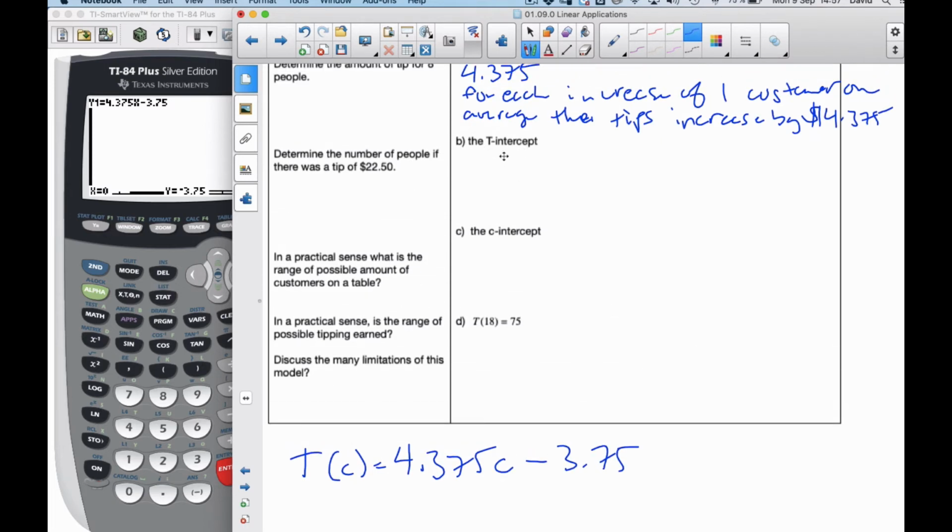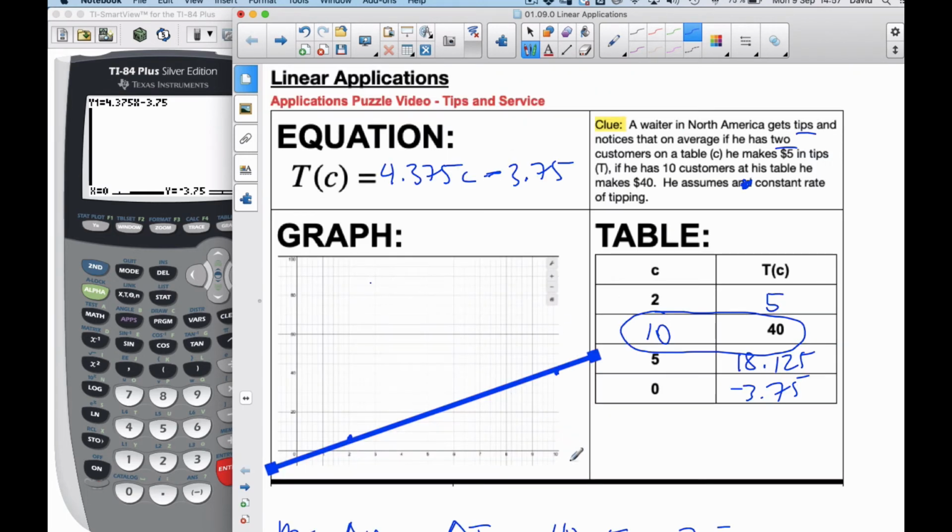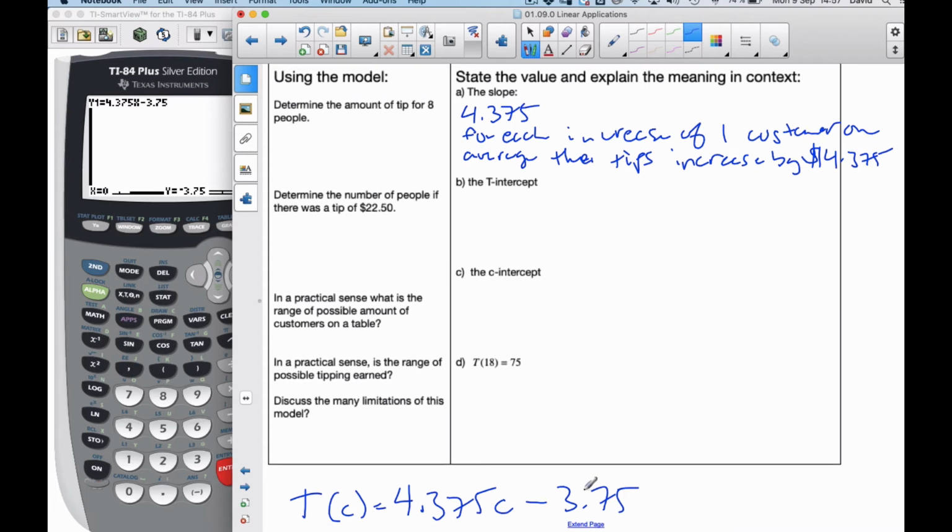So if I think about the t-intercept, if I go back a page, I know that this is c and this is t. The t-intercept is where it crosses the axis here. Well, that's going to be this value here. The t-intercept is negative 3.75.